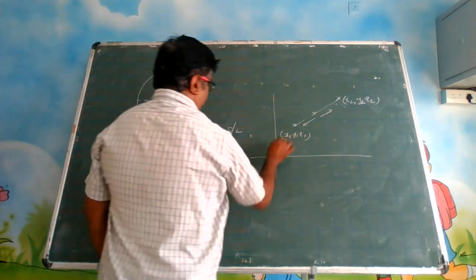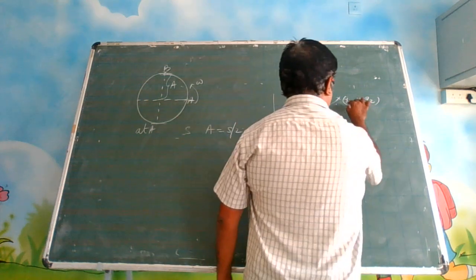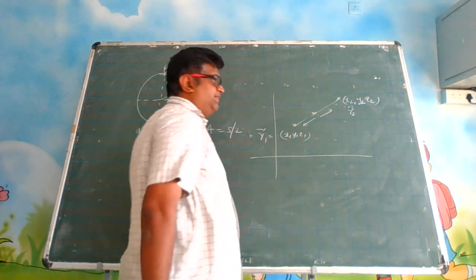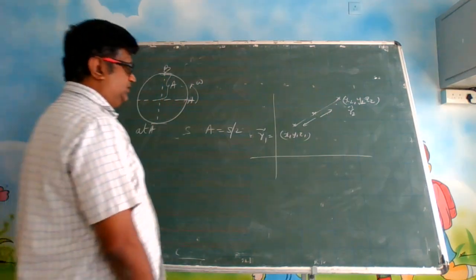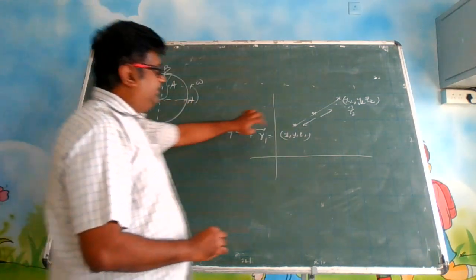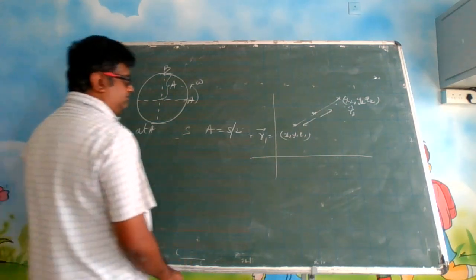That means if r1 vector is given to you and r2 vector is given to you, can we find the amplitude magnitude? We can find out that. So how to find out that? You have to first find the distance between these 2 points. What is the distance formula?